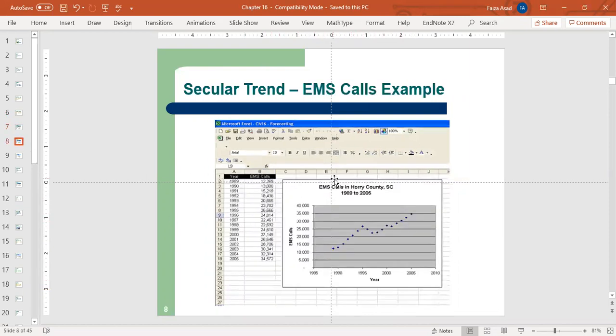In the next example, we have EMS call services. EMS call services is basically an emergency call service, which shows the seasonal variation, and the data of these EMS call services is given over here, and the years are given over here.